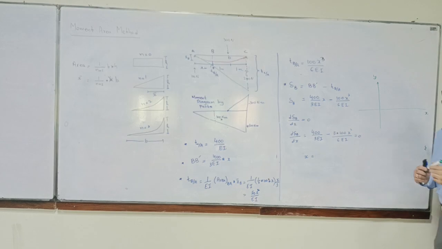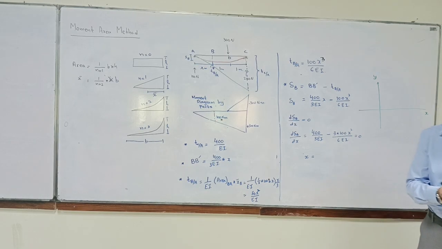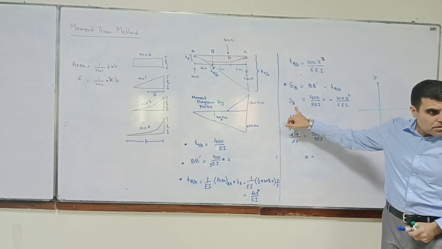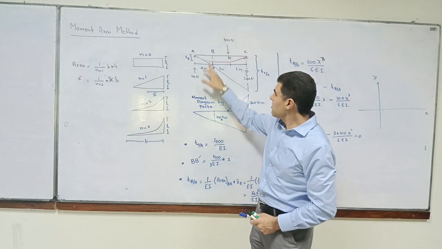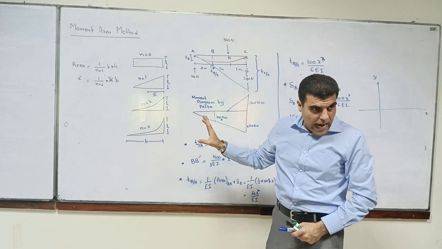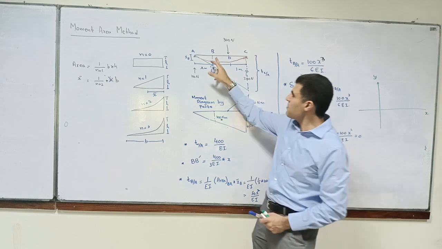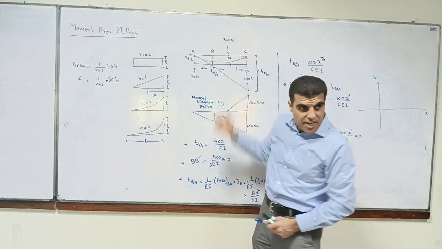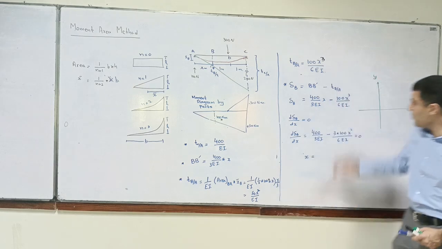But I'm actually asking how did you get this 400 divided by 3 EI minus? This is delta B, and this delta B, we worked out BB prime, didn't we? Delta B is equal to BB prime minus the tangential deviation. So that's how we worked it out.